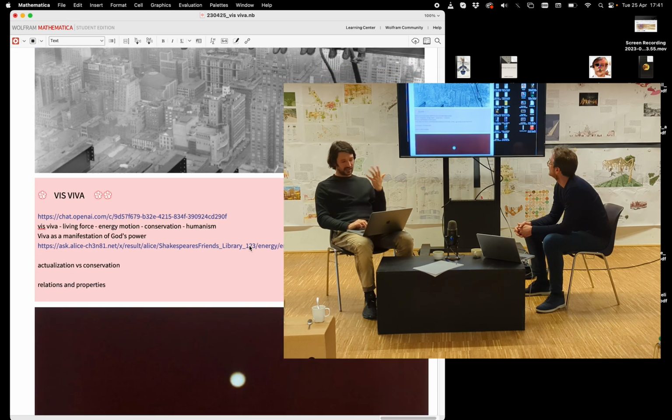And for me, one of the most interesting articulations of energy is this vis viva. This is actually a concept from Leibniz. And what is interesting there is that this concept is at the verge where God was still present, but science was coming out. So what he was interested in is, how do we transfer energy from one object to another?